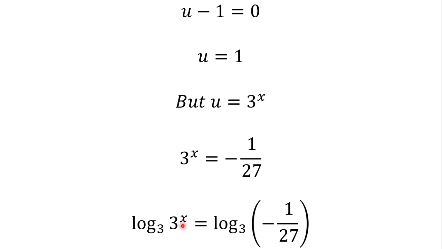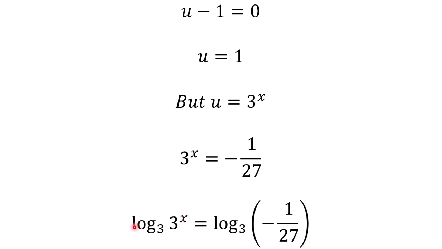When you choose a different base, you have to waste another step dividing it through. So to avoid that step, I took log with a base of 3 of both sides. When we apply the exponent law of logarithm, the number and the base will just cancel out, and we get the value of x.